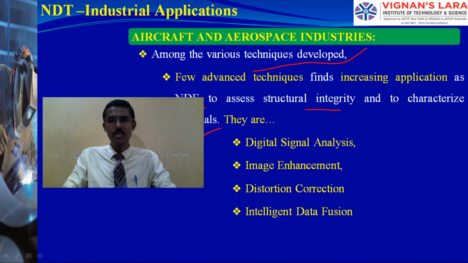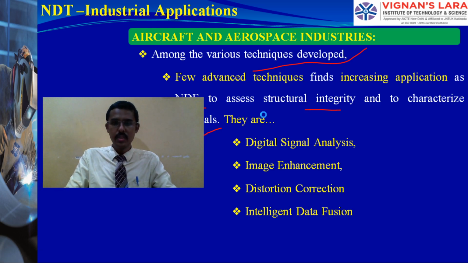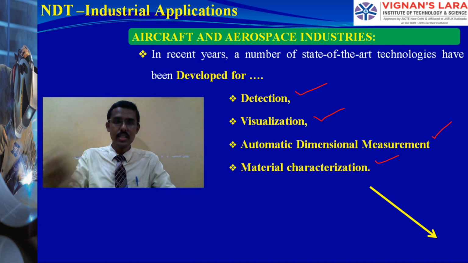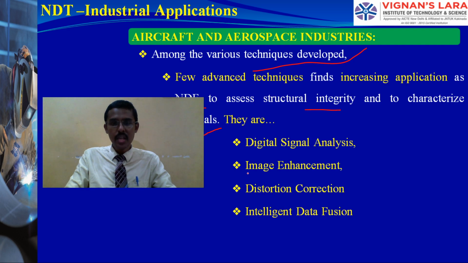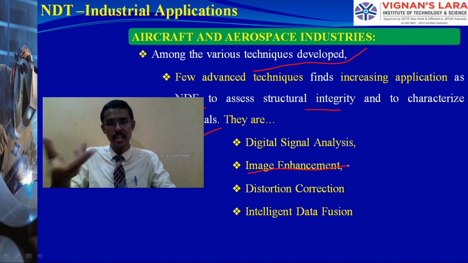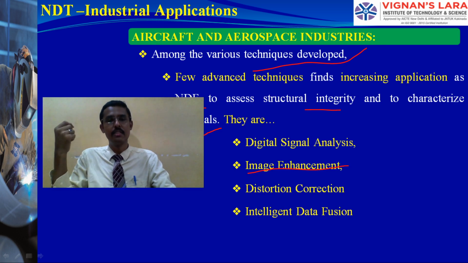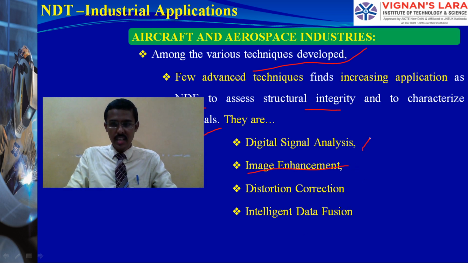What are they? In the previous slide we talked about visualization. The second point is that we use image enhancement techniques, 3D printing operations or 3D models. We take X, Y, Z axis data collected from the specimens and convert it: digital signal analysis, image enhancement, distortion corrections, or intelligent data functions.